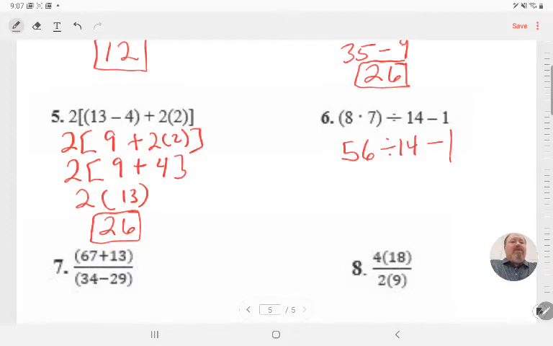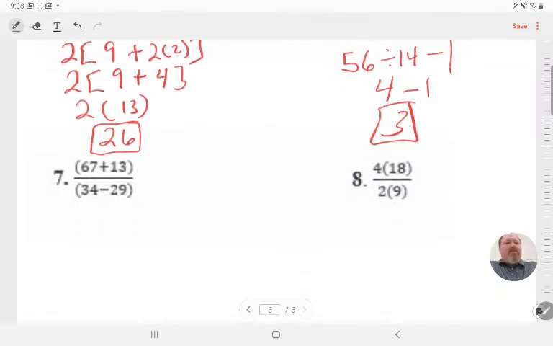So 56 divided by 14 is, what? 4. And 4 minus 1 is 3. So you should have gotten 3 for that answer.